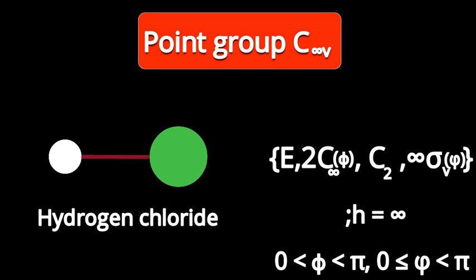There is no need of repetition in the case of a plane, and one plane is one operation. The representation is infinity sigma v in brackets per phi, where per phi is greater than or equal to 0 but less than pi. Is it clear?